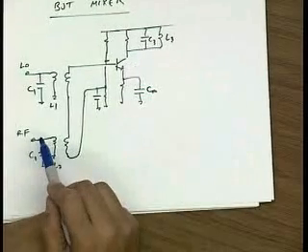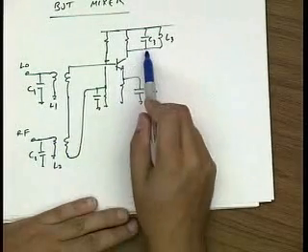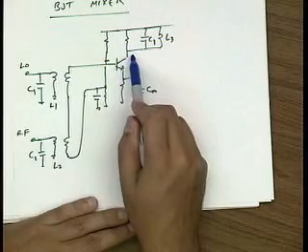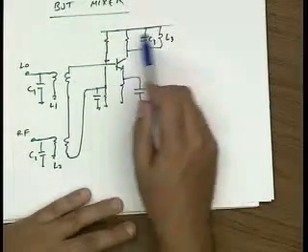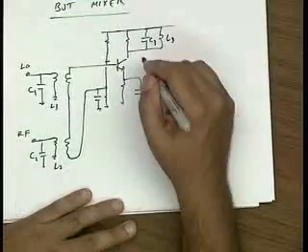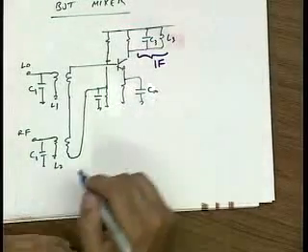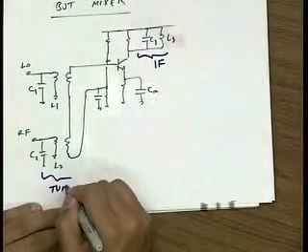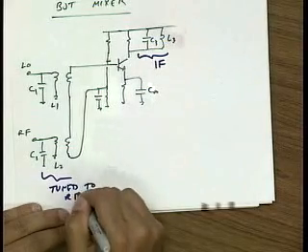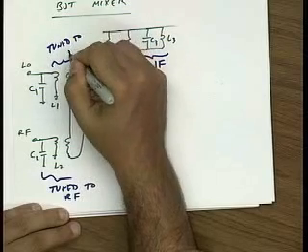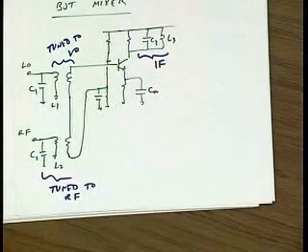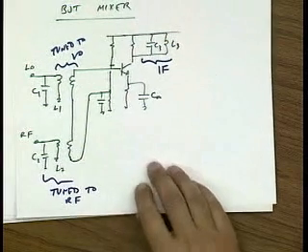And then I apply a small RF signal, which gets converted into the output current at the IF frequency, and so I have a filter here to pick off my IF frequency. So this is tuned to IF, this is tuned to RF, and this is tuned to LO. Okay. We'll analyze this in detail in the next lecture. Questions?